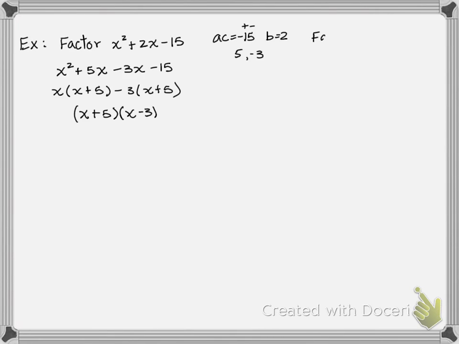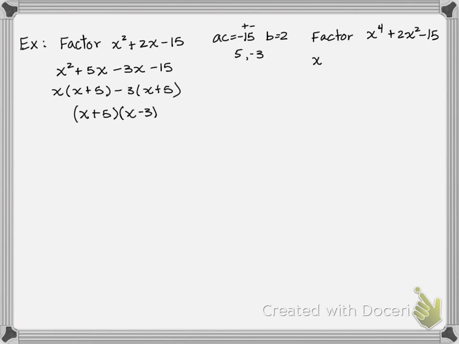To factor x to the fourth plus 2x squared minus 15, I say AC is negative 15, B is 2, so my two numbers are 5 and negative 3. Is everybody okay with that? Yeah, that doesn't change because the numbers are the same. Because the coefficients are the same.